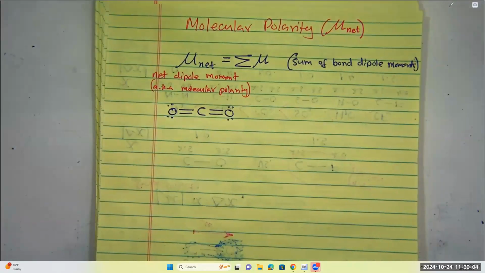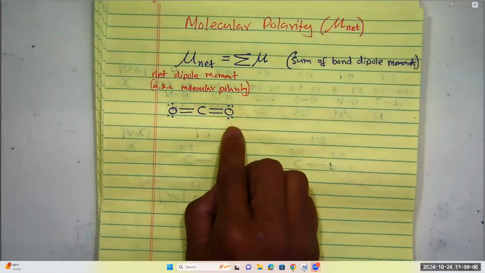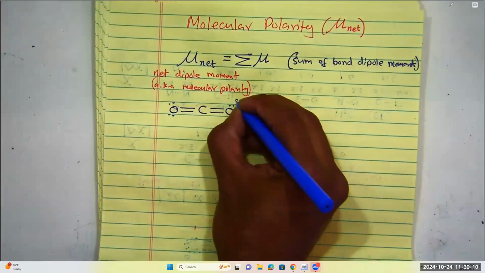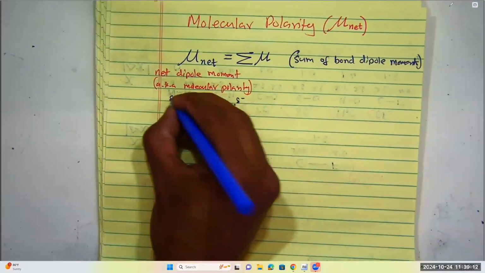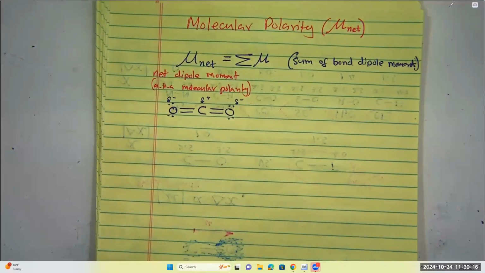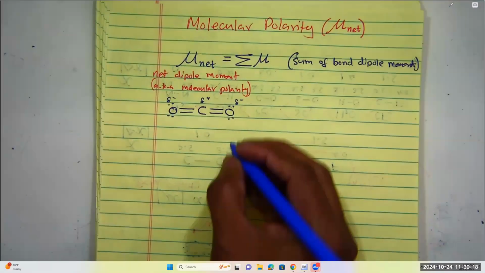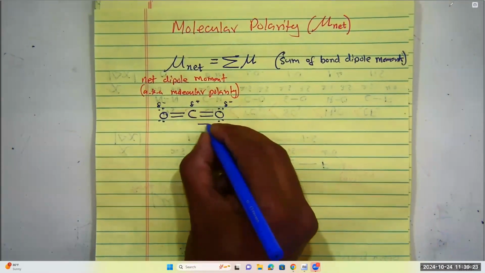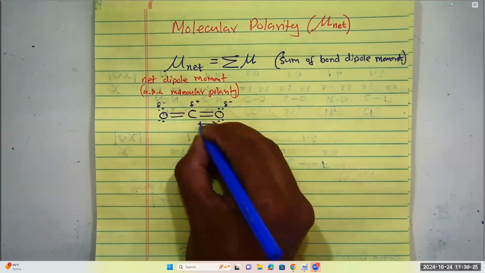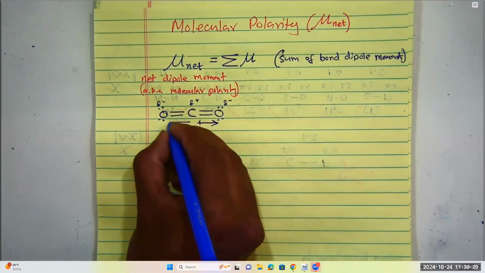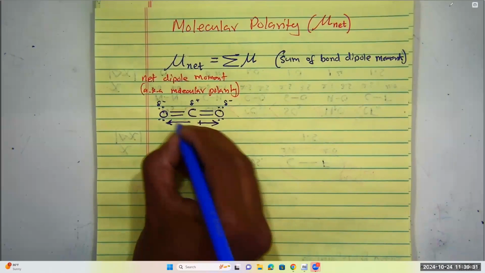Between carbon and oxygen, oxygen is more electronegative. Therefore, oxygen will get the partial negative charge and carbon will have the partial positive charge. If you draw the bond dipole moments, here's one going from the positive atom to the negative atom, and here's the other one going from positive to negative in the opposite direction.